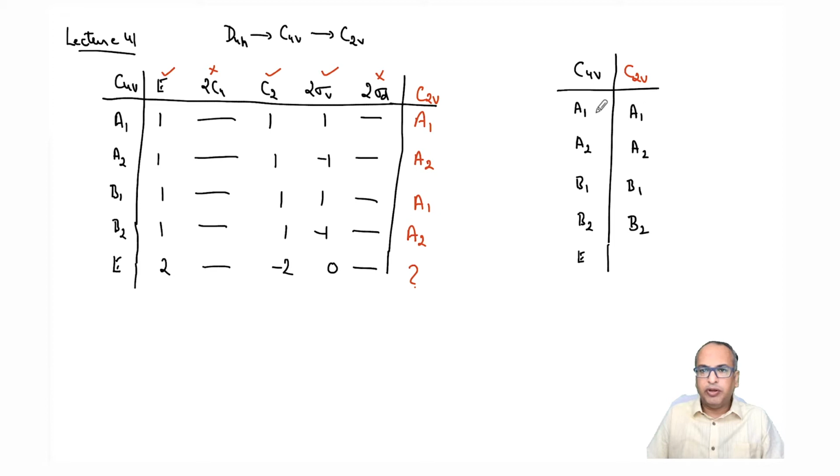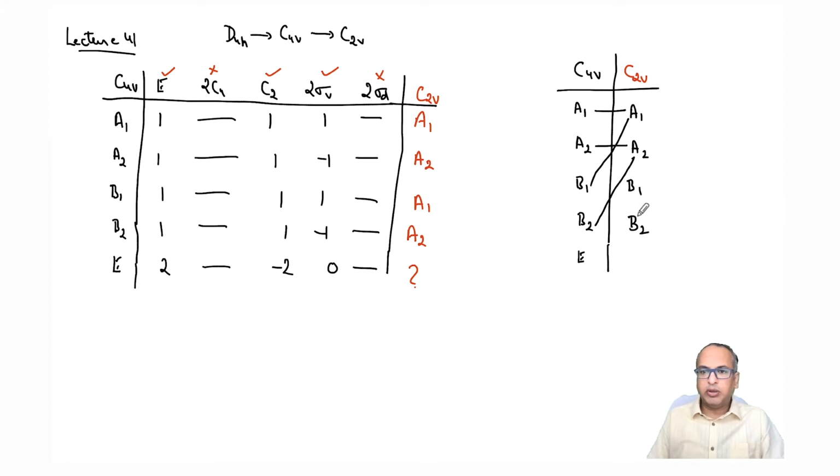So now we know that A1 is correlated with A1, A2 is correlated with A2, B1 is correlated with A1, and B2 is correlated with A2, right? So we can see that here directly.